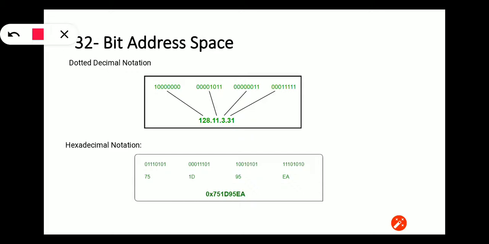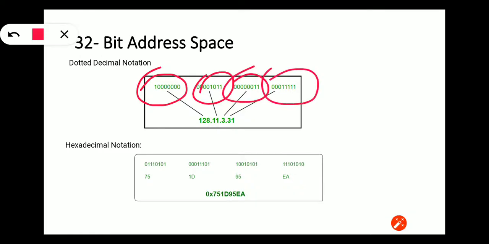In case of dotted decimal notation, the 32 bits are divided into 4 groups of 8-bit chunks, and each is converted into the respective decimal number to get the dotted decimal notation.